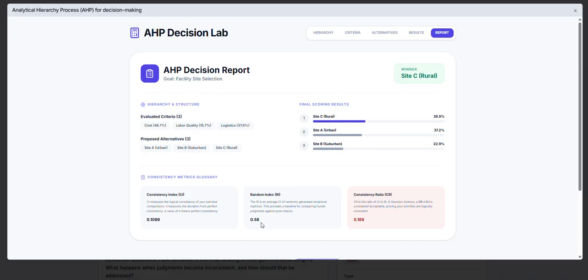And the CR is the ratio between CI and RI, and there's some guideline saying that the threshold is around 0.1, and that is expected to be acceptable, and then we are logical enough. So yeah, that's the case over here.